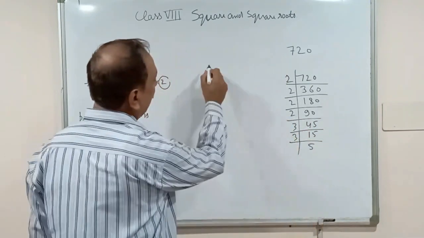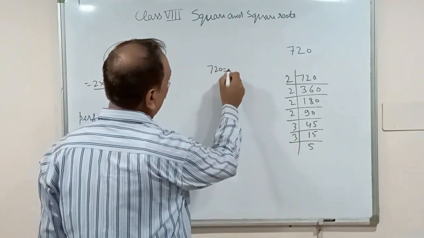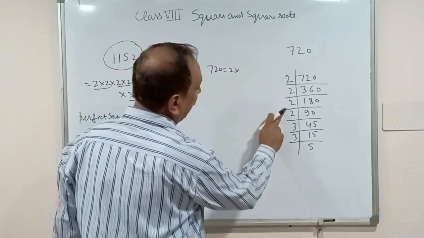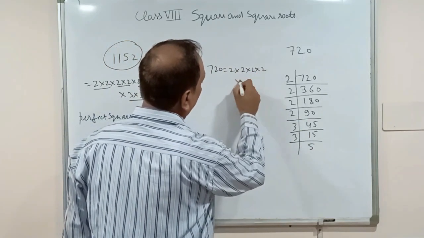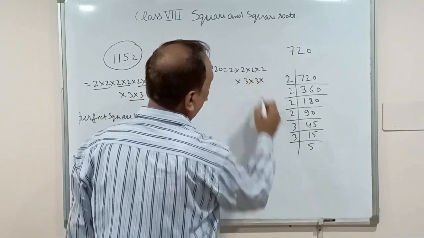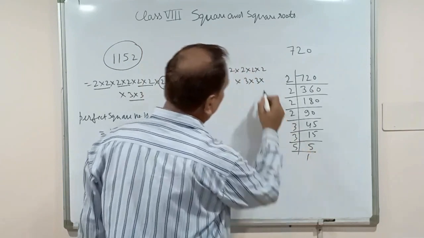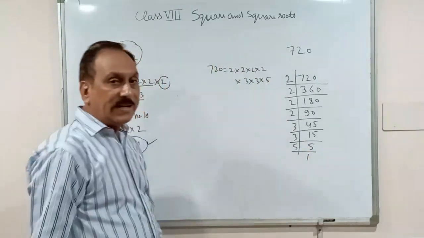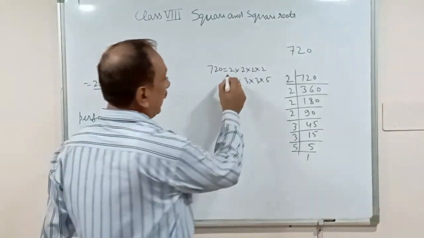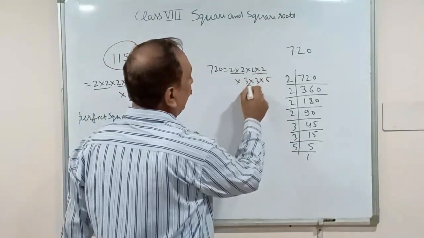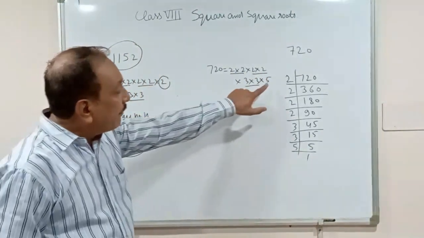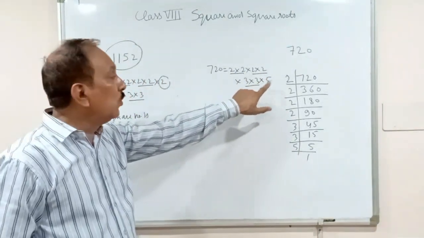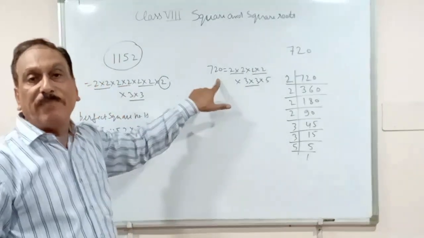So the factors of 720 are 2 into 2 into 2 into 2 into 3 into 3 into the last number 5. Check whether it is a perfect square or not. Pair of 2 complete, pair of 2 complete, pair of 3 complete. But the pair of 5 is not complete, so 720 is not a perfect square.